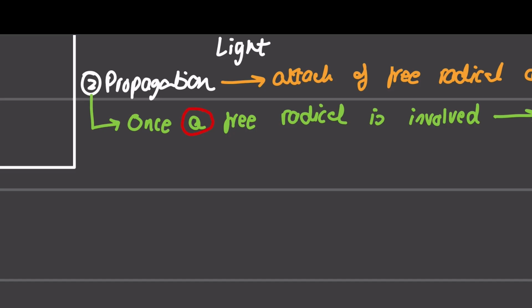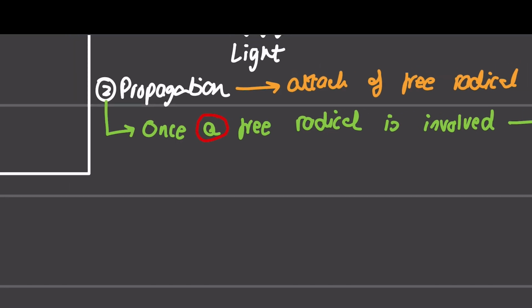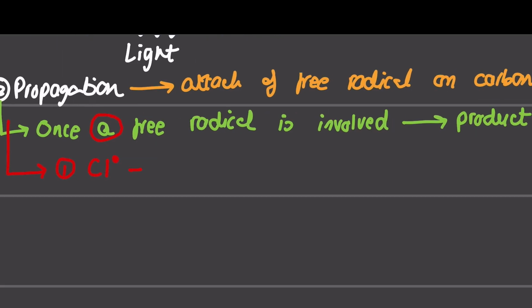So basically what happens over here is there's this Cl, which is a free radical, and let's go with a really basic structure, methane. There's methane. Now what happens is that this free radical pushes the hydrogen out.